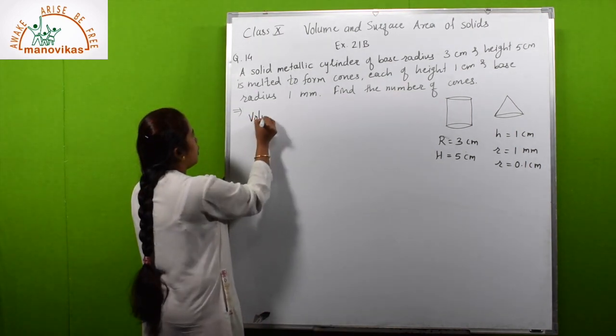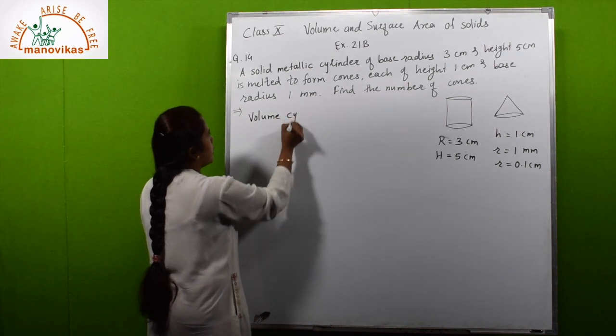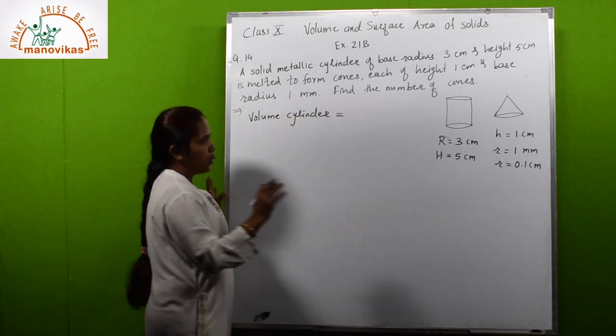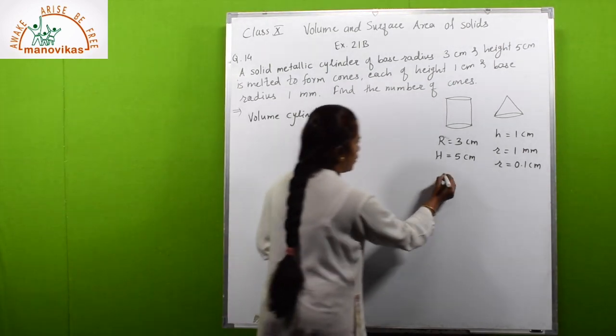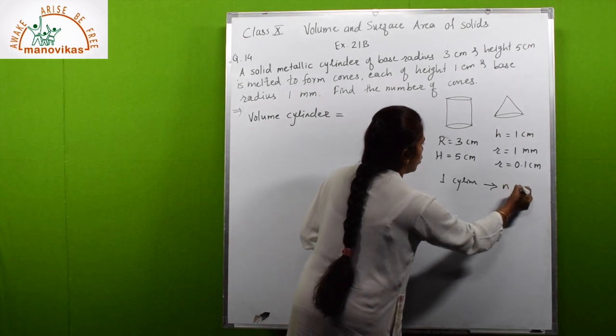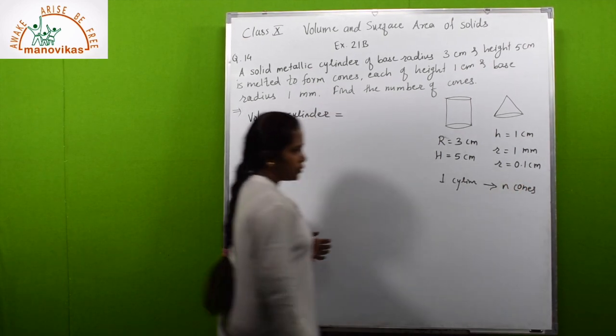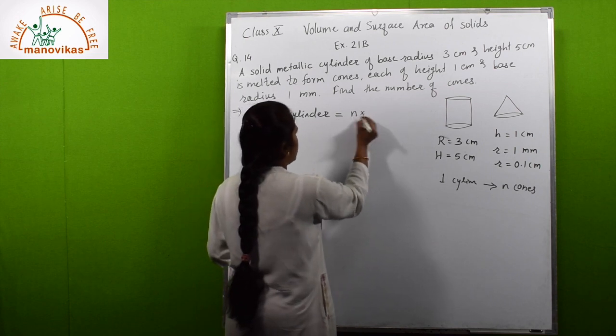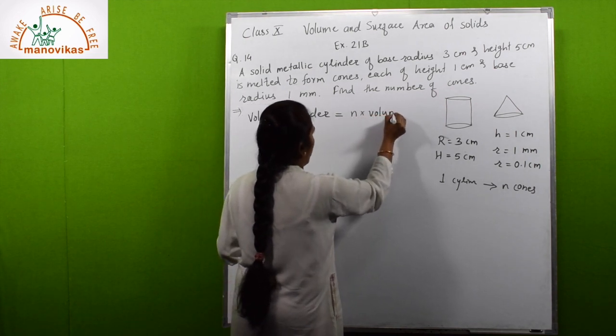So the volume of the cylinder is equal to, suppose from the one big cylinder we form n cones, then the volume of the cylinder will be n into the volume of one cone.